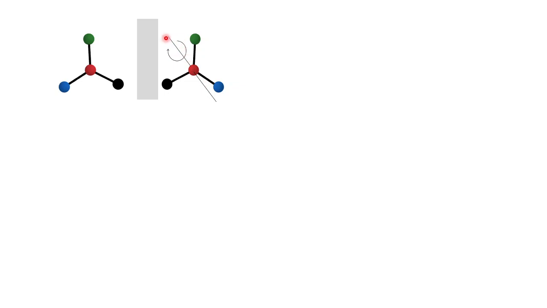Suppose you have the axis going through this red atom and through the plane, and you rotate it like this, like a fan which rotates. Suppose these are the wings of a fan, and you rotate it and try to superimpose. Then first you bring the black one up, and then the green one is here and the blue one is here, and then you see that it is not superimposable with the first molecule.